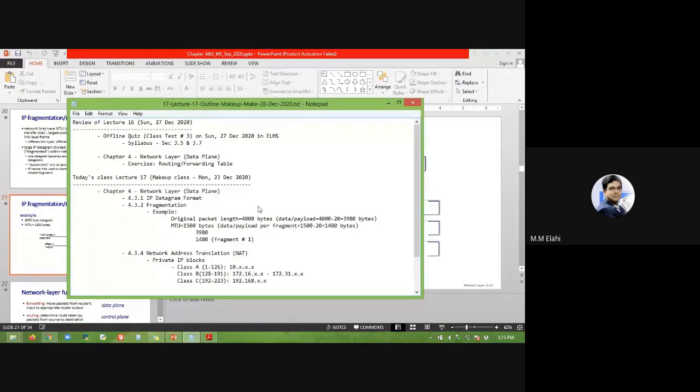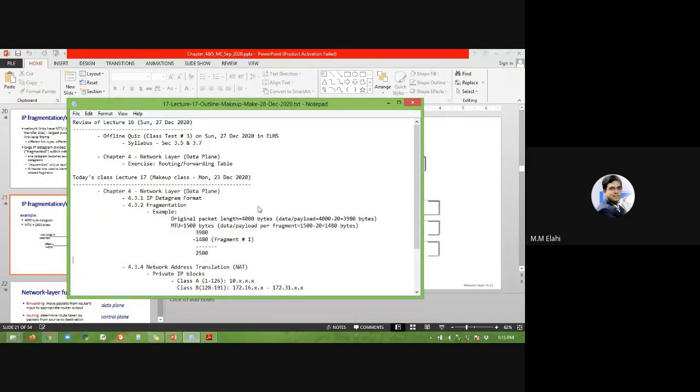Now you subtract this, and then you will get 2500 bytes remaining, right?